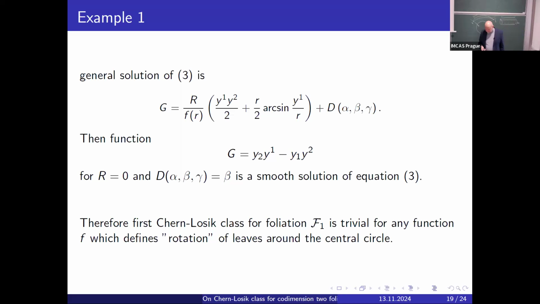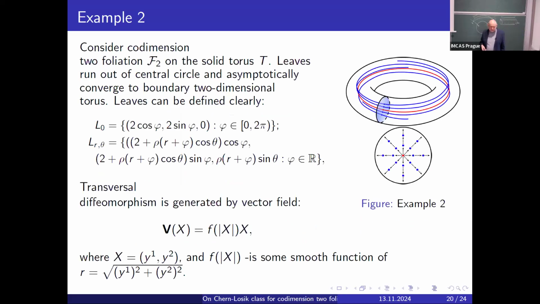Okay, so this is the first example, and the second example I would like to talk about is the following. In this case, we also have a solid torus. Again, we have this central circle as one of the leaves, but now we have an F which looks like this.